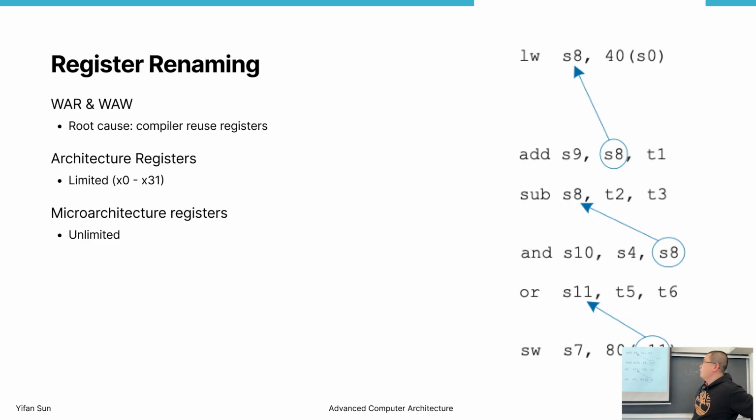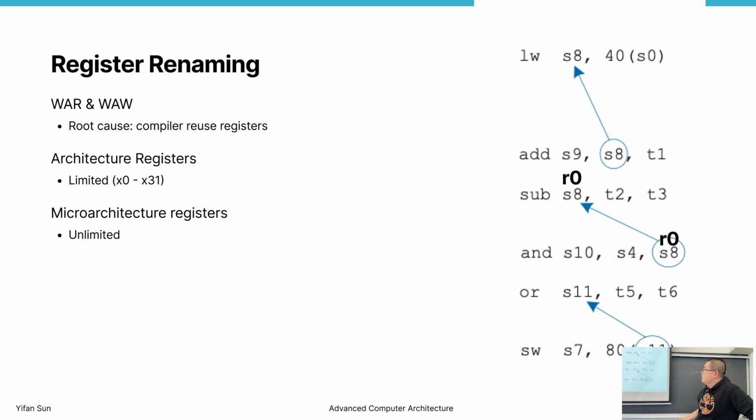From the perspective of the compiler, we have to reuse S8, right? But for out-of-order execution, your microarchitecture may actually have more registers because you are free to design a really high-end chip, right? You can have a lot of extra registers that can stay there to be used.